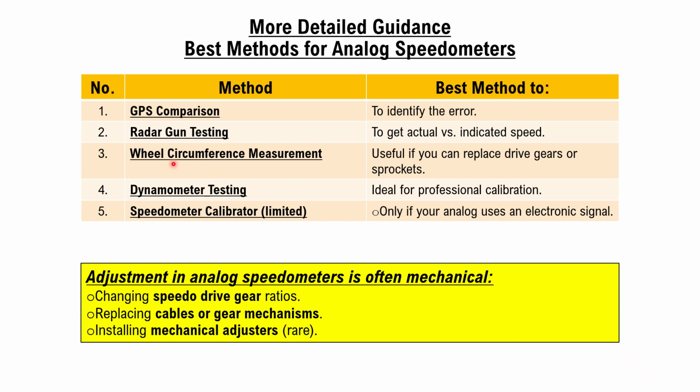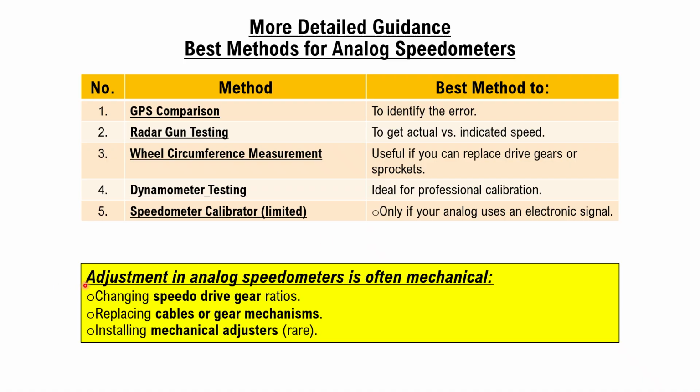Wheel circumference measurement is more useful if you can replace drive gears or sprockets. Dynamometer testing is ideal for professional calibration. And a speedometer calibrator is best only if your analog uses an electronic signal.